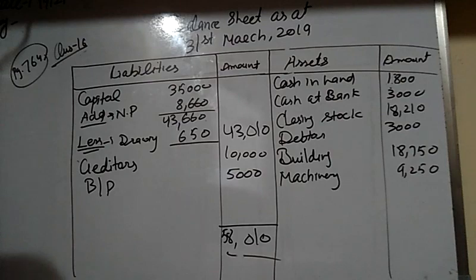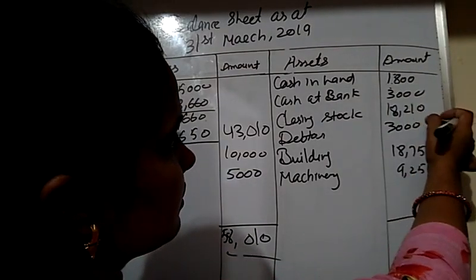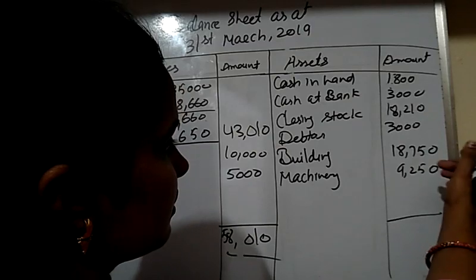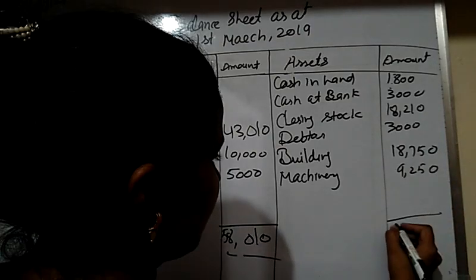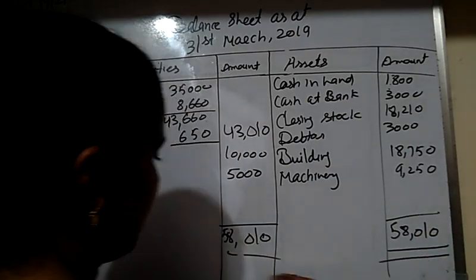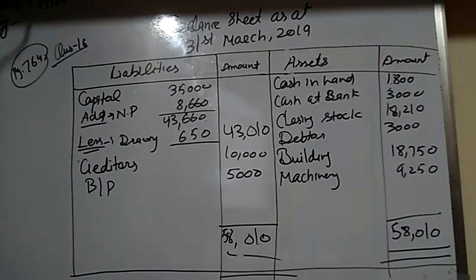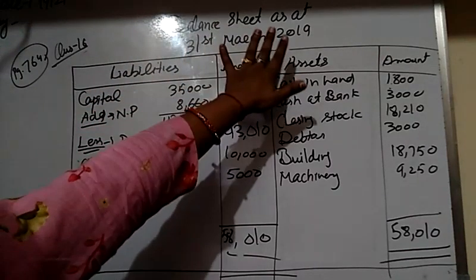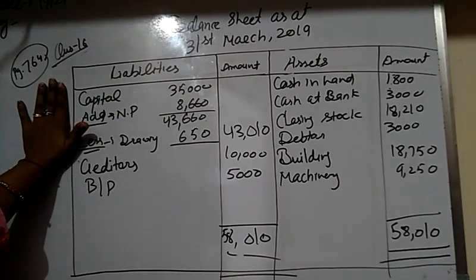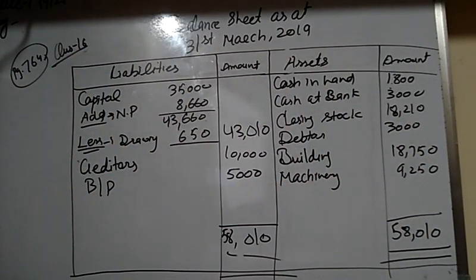The asset side total is also 58,010. So our liability side is equal to the asset side, and the balance sheet is done. This is how we prepare a balance sheet. The left hand side is the liability side and the right hand side is the asset side. Clear, students?